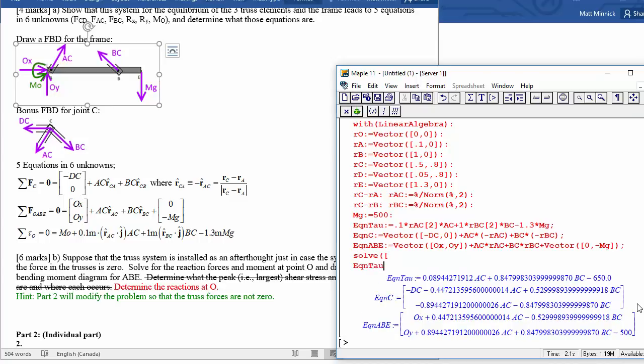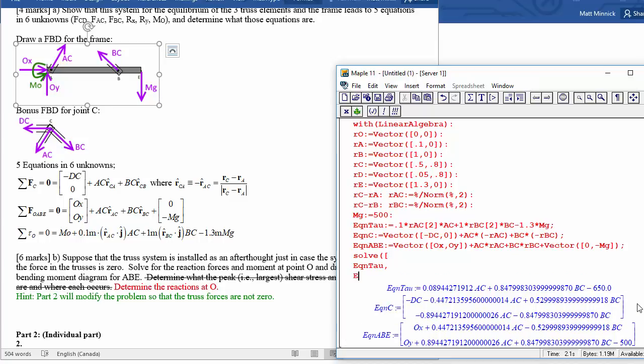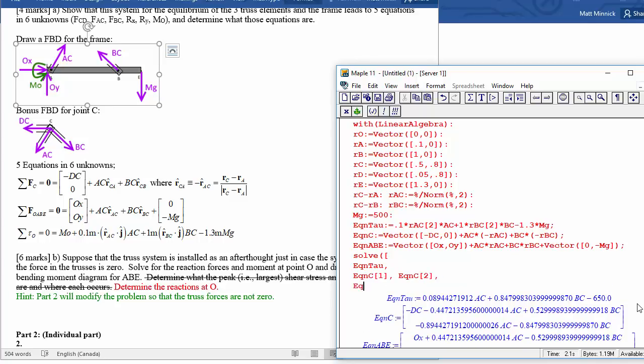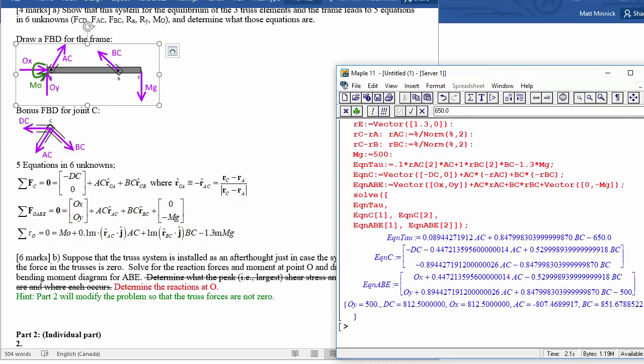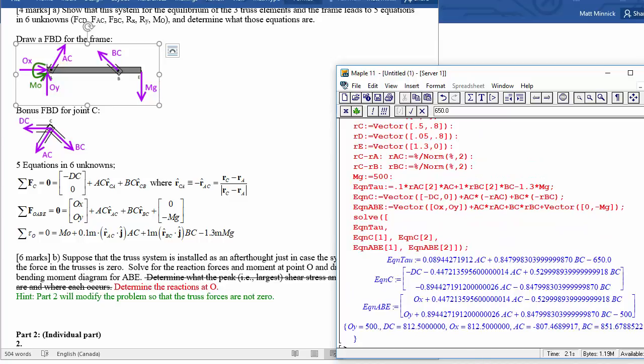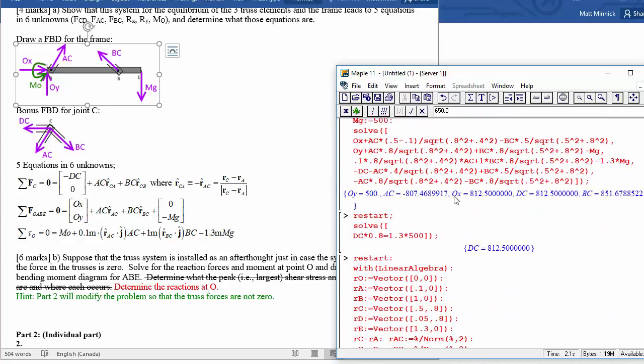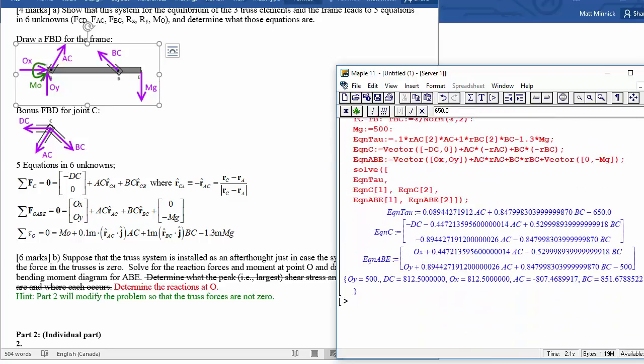So we need equation tau, equation C first component, equation C second component, and the same thing for equation ABE. And we should get the same stuff as before. It looks like a lot of familiar numbers: 812, 812, and then AC is negative 807. Yep, same thing as before.